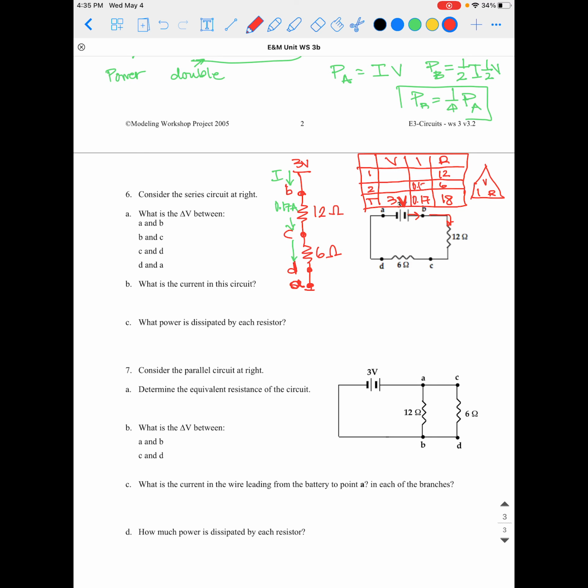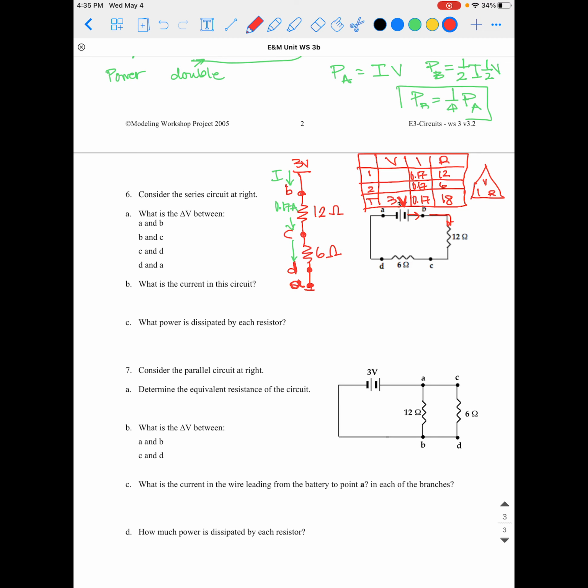So 0.17, 0.17, and then from there we can multiply that by each resistance, because to solve for voltage, it's current times resistance, and then we'll get our answer.